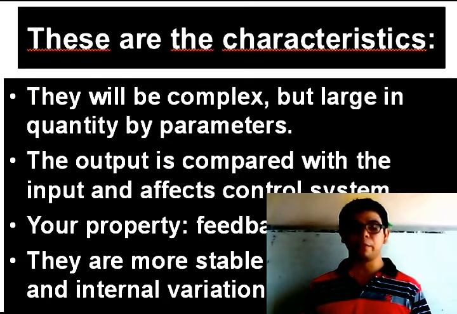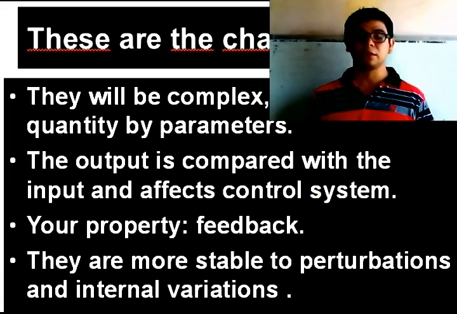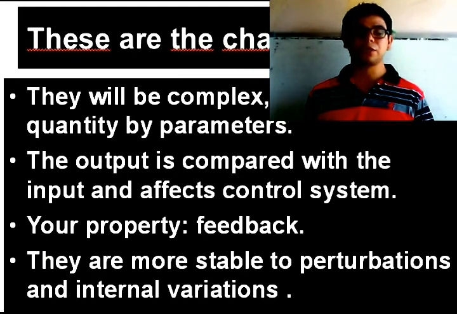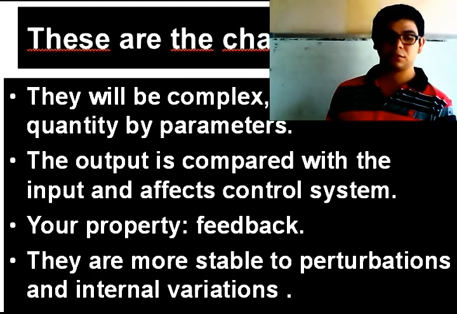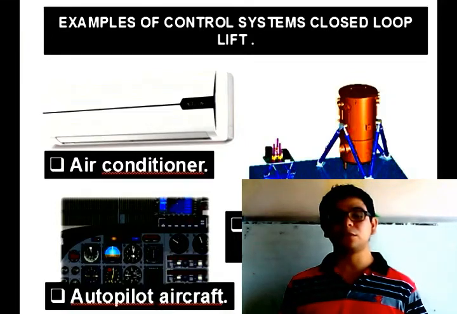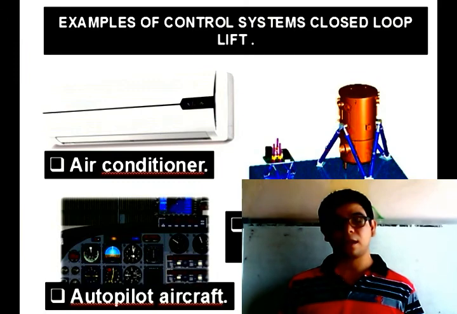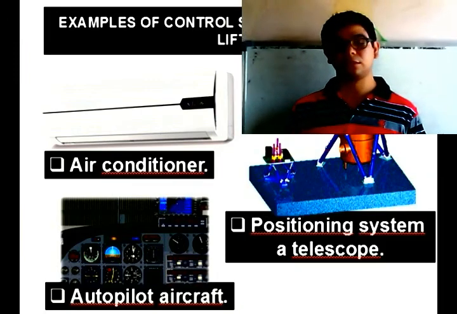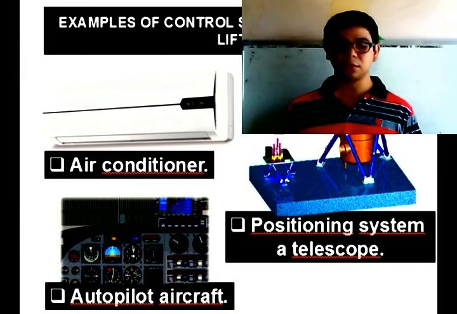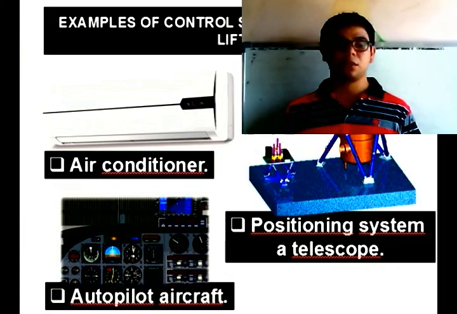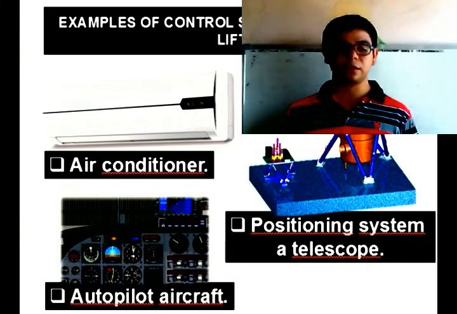The output is compared with the input and affects the control action. They have the property of feedback. They are more stable against perturbations and internal variations. Examples of closed loop control systems: lift, air conditioner, positioning system, a telescope, and autopilot of aircraft.